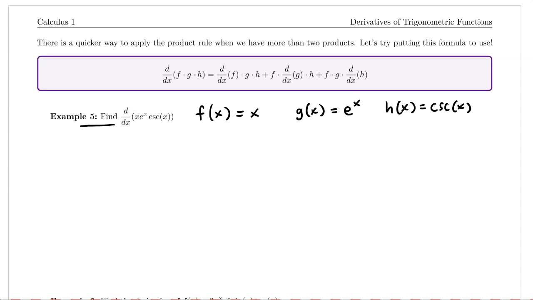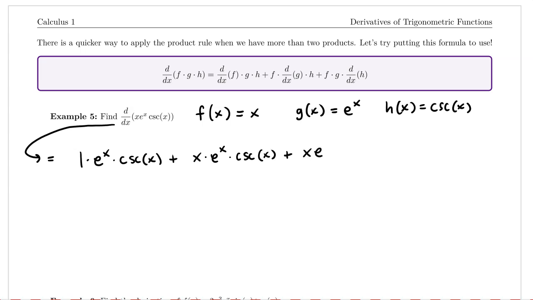And so the derivative here is equal to, we would take the derivative of the first function, so 1 times e to the x times cosecant x, plus x times e to the x, since that's the derivative of the middle function, and then times cosecant x, plus x times e to the x, and then we can multiply this by the derivative of cosecant, which is negative cosecant x cotangent x.